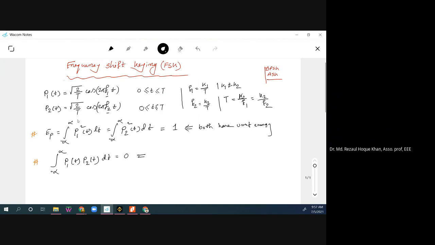This is the other condition. We say they are orthogonal, as we have seen in our orthogonality condition previously, probably in chapter 2.